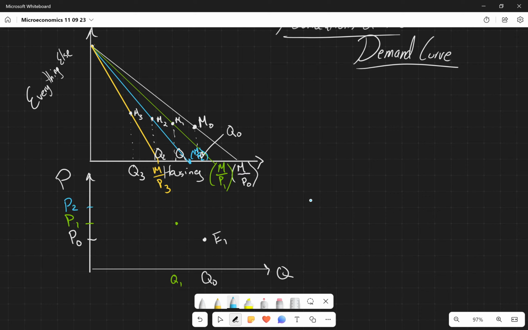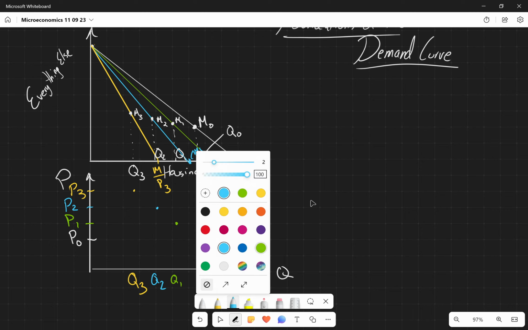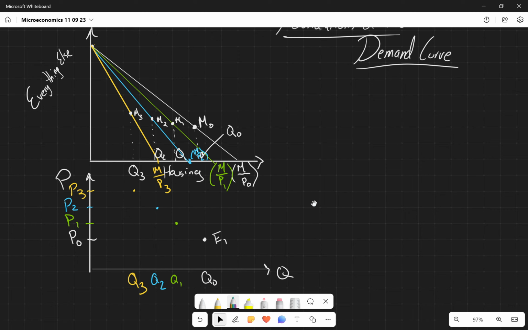At P2, we were at Q2. And lastly, at P3, we are at Q3. And so if we combine all of these together, we end up with a downward sloping demand curve for the housing market.